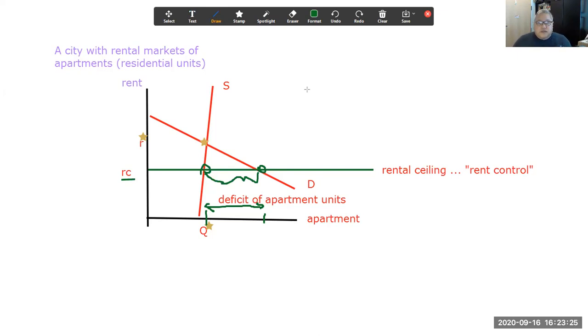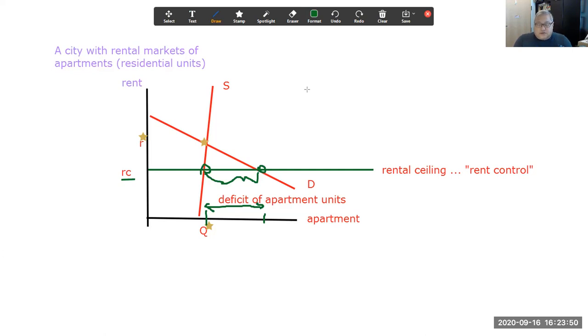Then you would have a situation where the government intervention into this market, or the intervention into the property rights of landlords and tenants freely negotiating prices, would result in a shortage of apartment units. It would make it seem as if there aren't enough units available to rent.